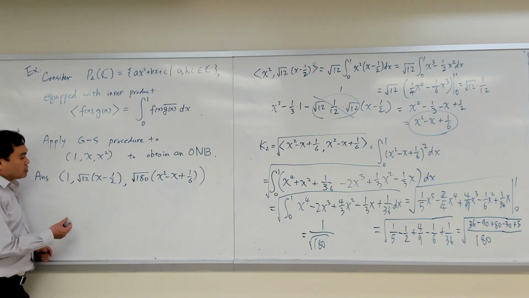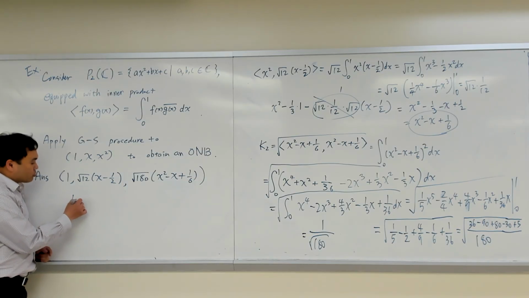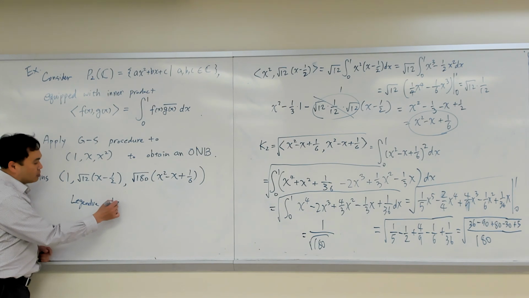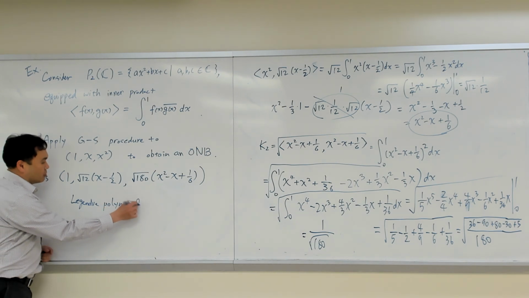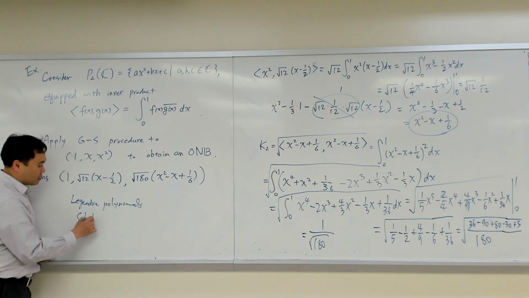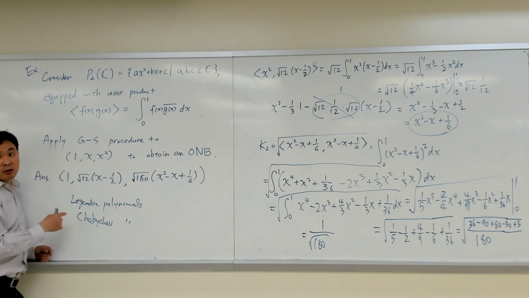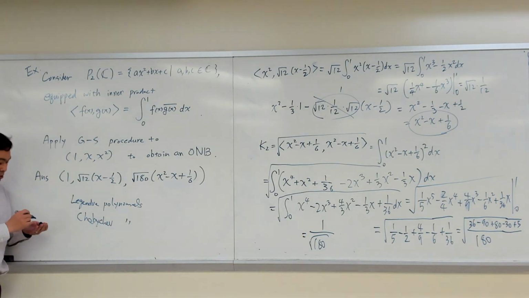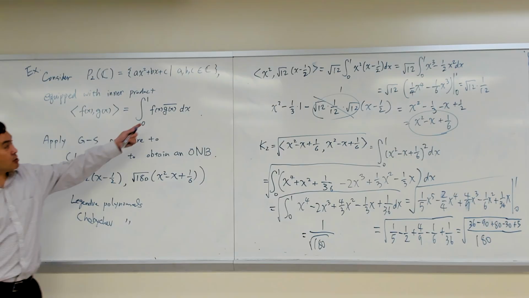So if you're interested in this topic, look for something like Legendre polynomials. And Chebyshev polynomials. And these are Gram-Schmidt applied to different sets of things like this with slightly more modified things.